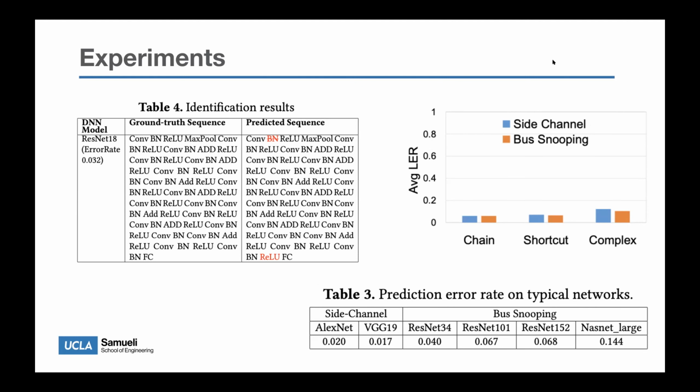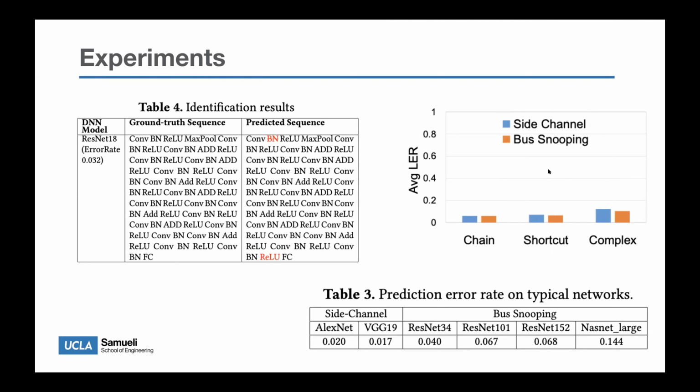On the figure on the right-hand side, you can see their average error rate. Here they consider 2 attack scenarios, the side channel attack scenario, which is the EM attack, and the bus snooping attack. As you can see, chain is the network architecture, and shortcut and complex are different architectures.